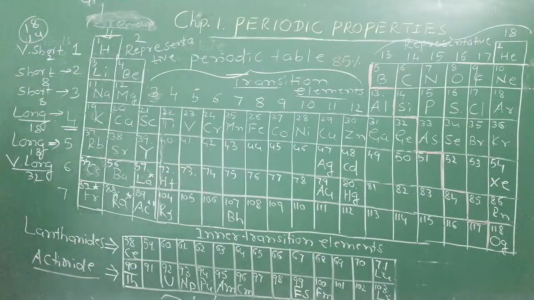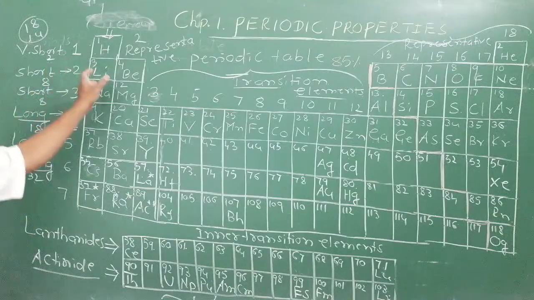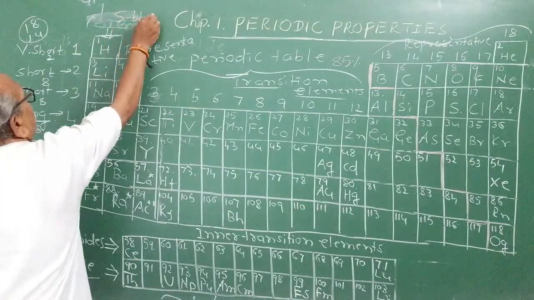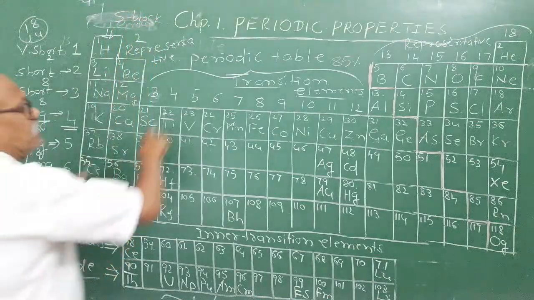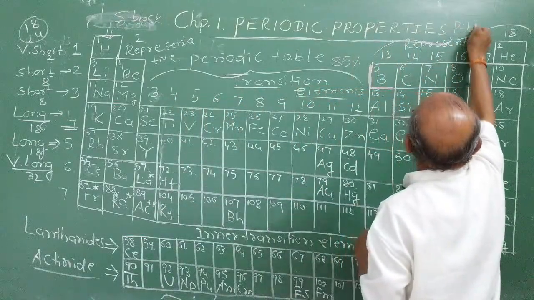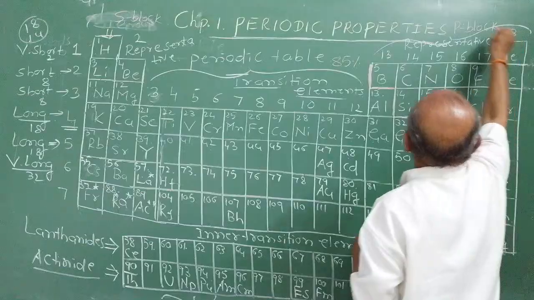Like this, all the 118 elements of the periodic table are classified into blocks here. This particular block is called the S block. I will talk in detail in the next class. And this particular block of 6 groups is called the P block. I will teach you briefly why they are called like that.